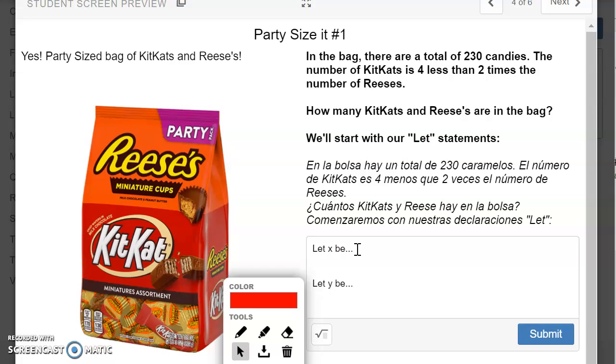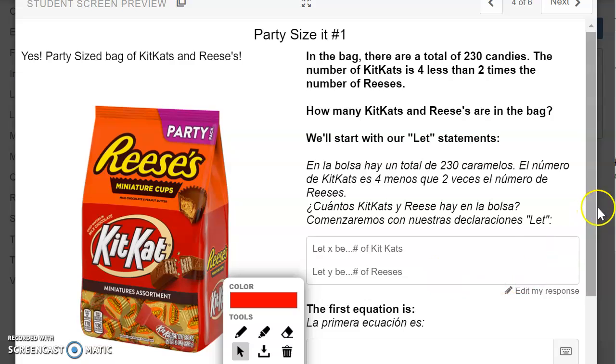You want to say x is number of Kit Kats and y is number of Reese's. Okay, so that's going to be my submission.